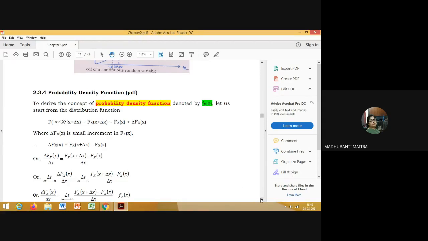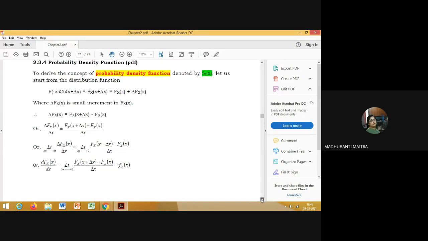And in the limiting condition, when delta x tends to 0, this relationship can be written as dF_X/dx equal to the limit as delta x tends to 0 of the numerator divided by delta x, and the right hand side is defined as this probability function, where this probability function, or the first derivative of the distribution function, is defined to be the density function, right?